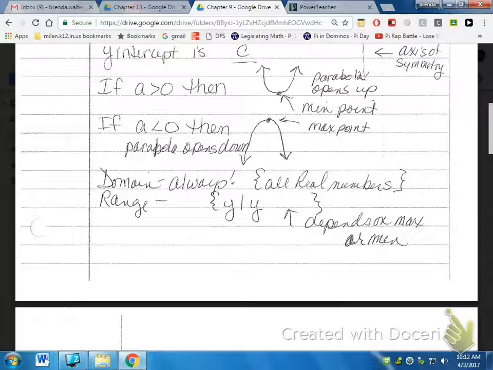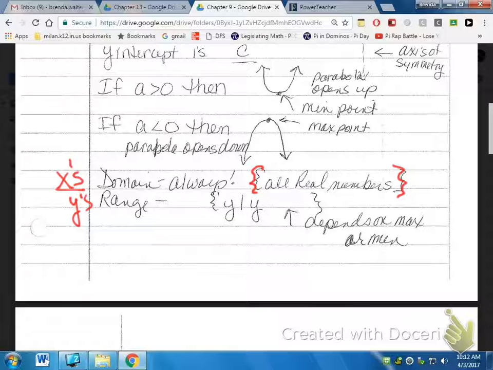Yeah, the domain are the x's, let's say, and the x's are always the set, and you use set notation, okay, that's what this is, all real numbers. You say you're going to use all real numbers for the domain as you're graphing, but the range is different. The range is the set of y's, and it depends on whatever the max and min is.